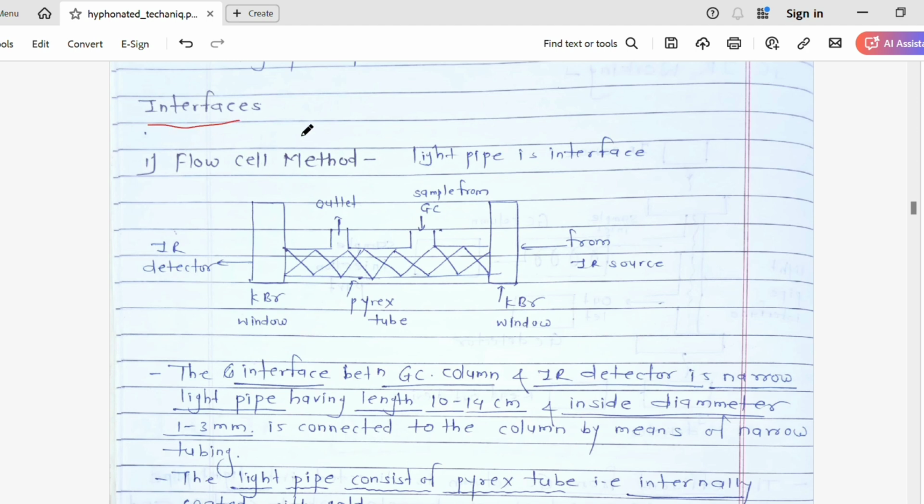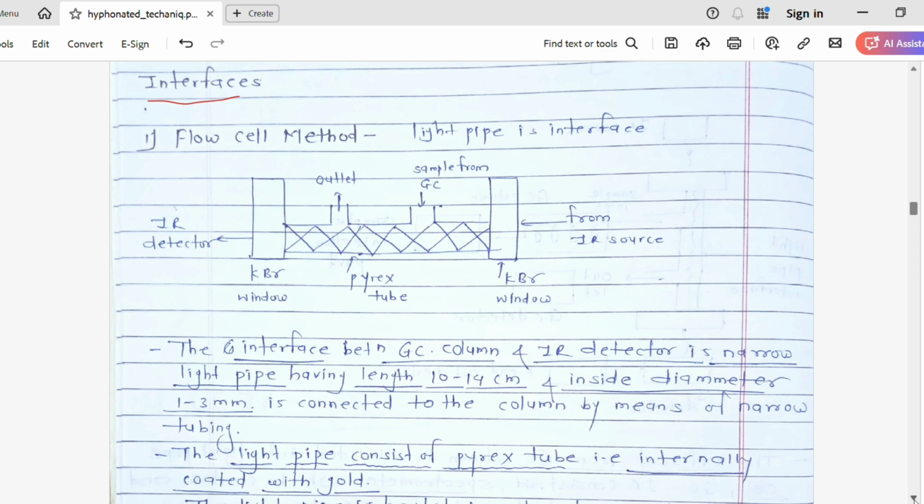Now we are going to see the interfaces. There are two types of interface used: the gas light pipe interface and the cold trap interface. First we discuss the light pipe interface. This is the diagram of the light pipe interface.